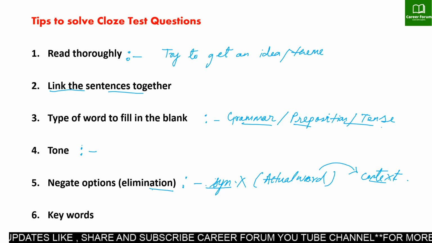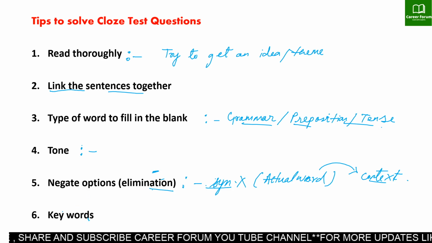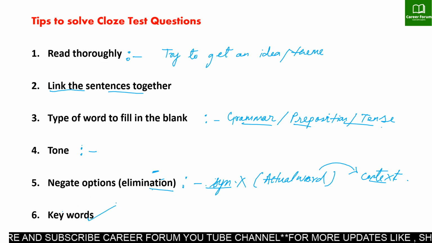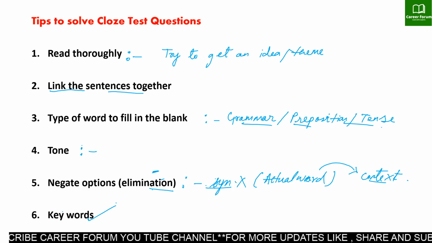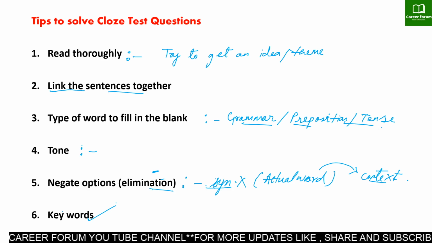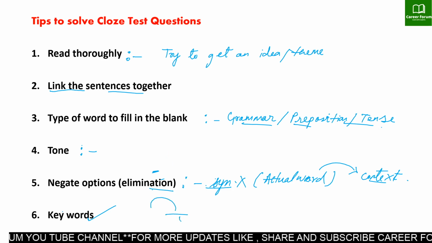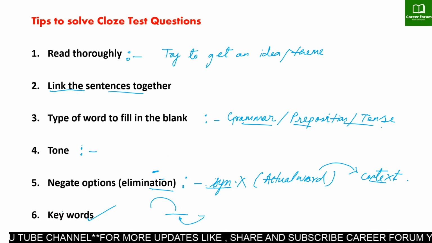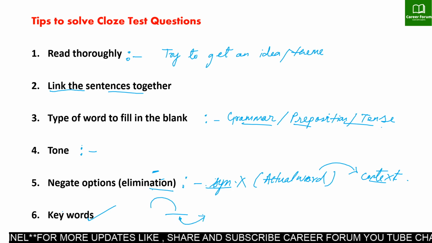You have to pay close attention to keywords and clues in the sentences before and after the given blank. It may be before the blank or after the blank, so you have to be specific with the clues or keywords.